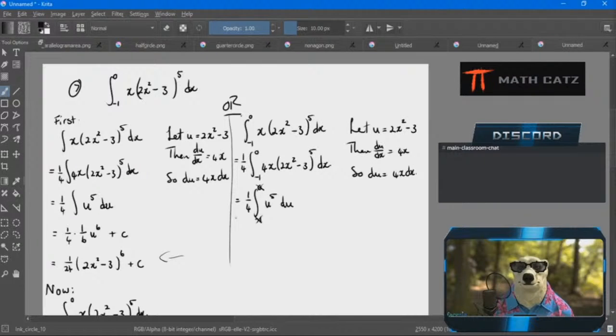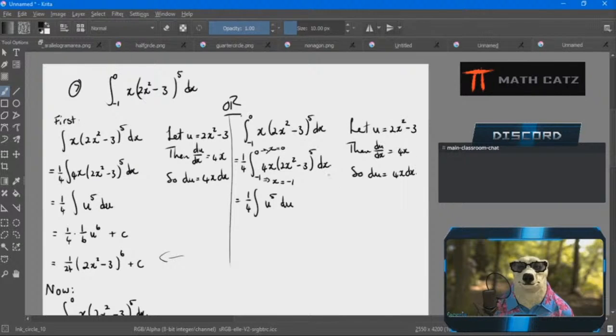because what this 0 meant as my upper boundary was really x equal to 0. x goes from -1 to 0.